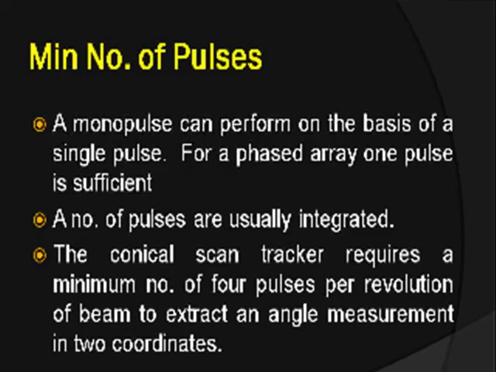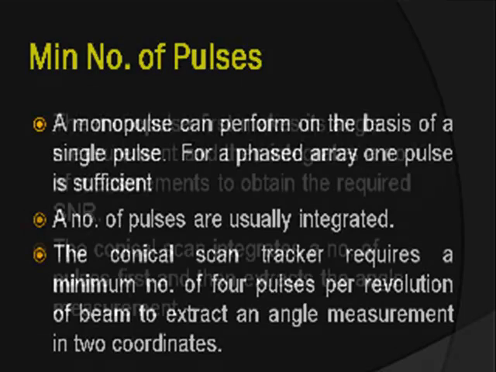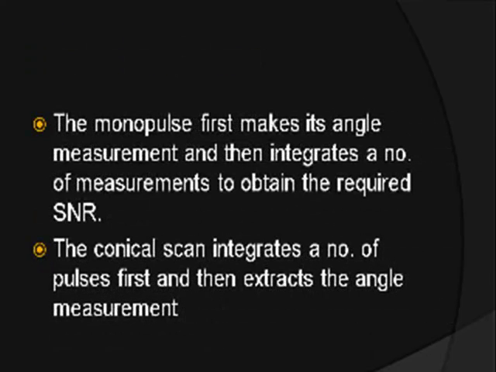The conical scan tracker requires a minimum of 4 pulses per revolution of the beam to extract an angle measurement in 2 coordinates. The monopulse first makes its angle measurement and then integrates a number of measurements to obtain the required SNR. The conical scan integrates a number of pulses first and then extracts the angle measurement.